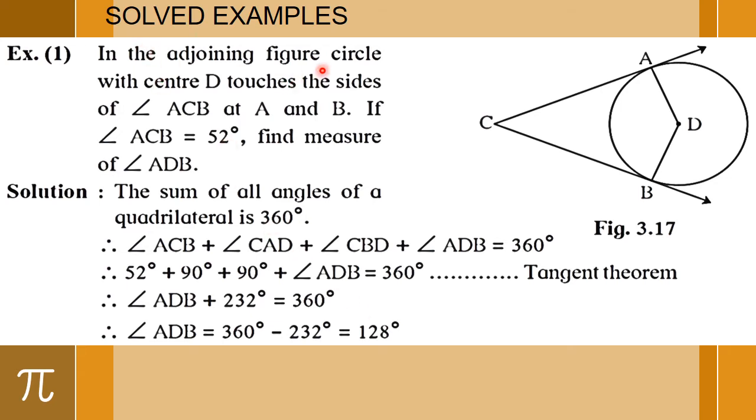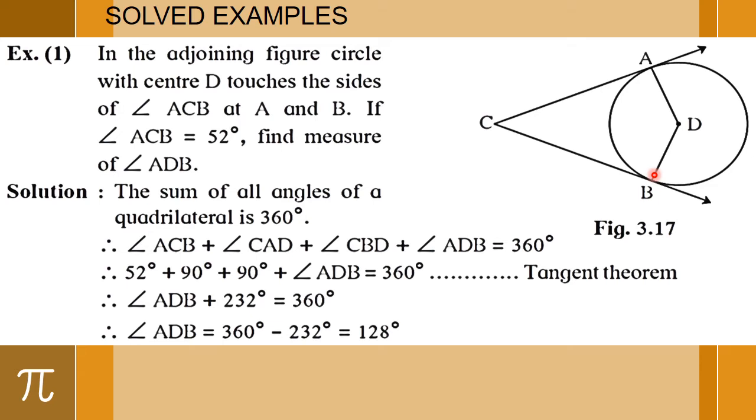In the adjoining figure, the circle with center D touches the sides of angle ACB at A and B. So here this angle ACB is touching the circle at point A and at point B. Okay, if angle ACB is 52 degrees, find the measure of angle ADB. So ACB is 52 degrees, and we need to find the measure of angle ADB.